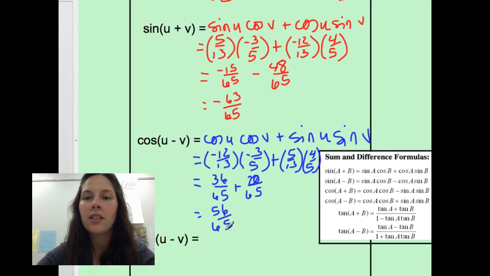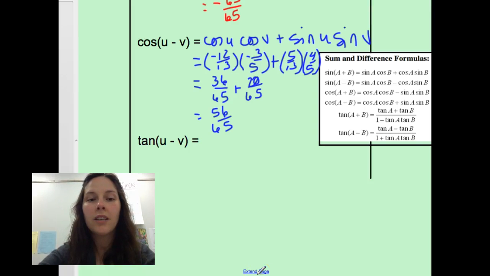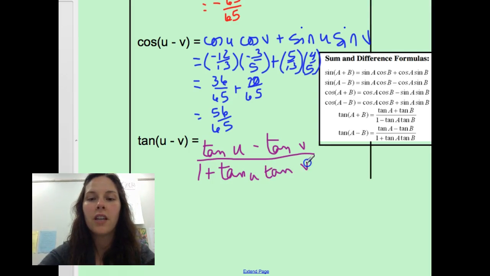And finally, let's take a look at tangent. So this one is tangent of u minus tangent of v all over 1 plus tangent of u times tangent of v.